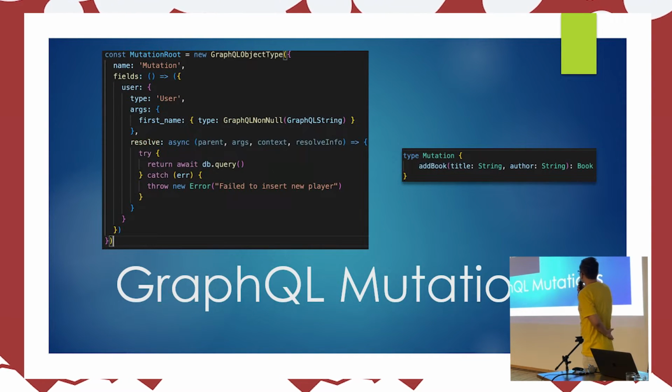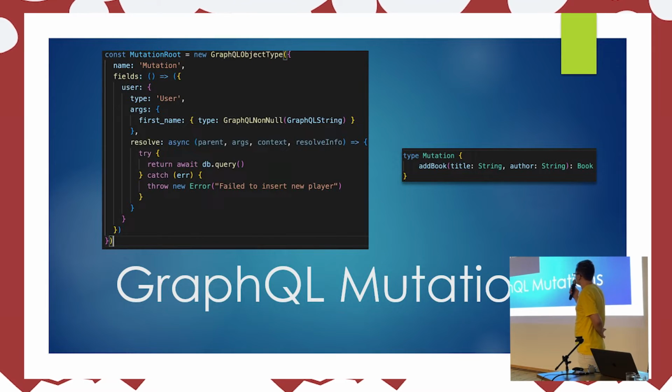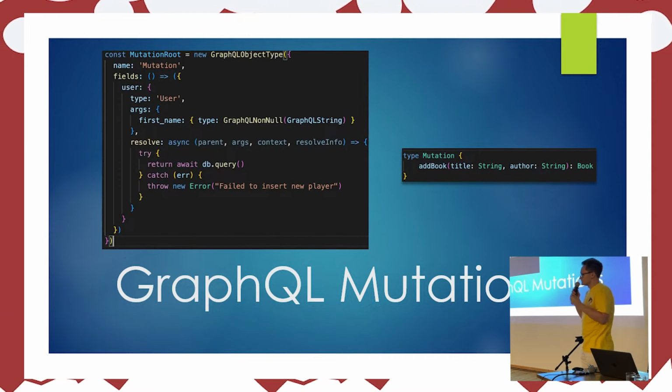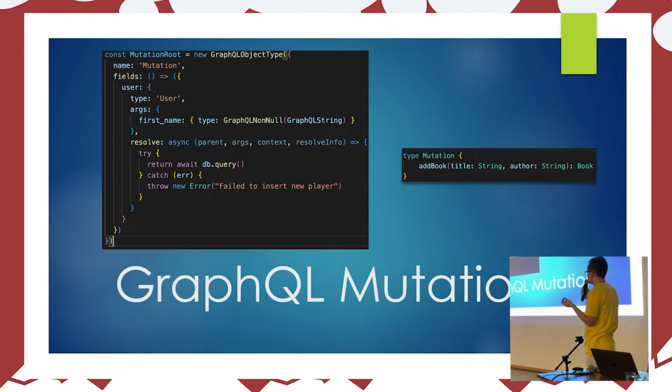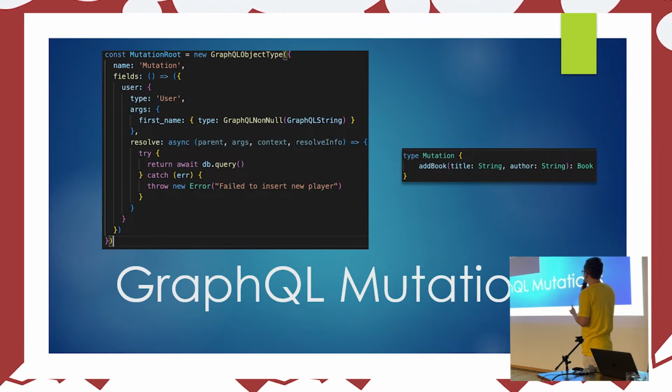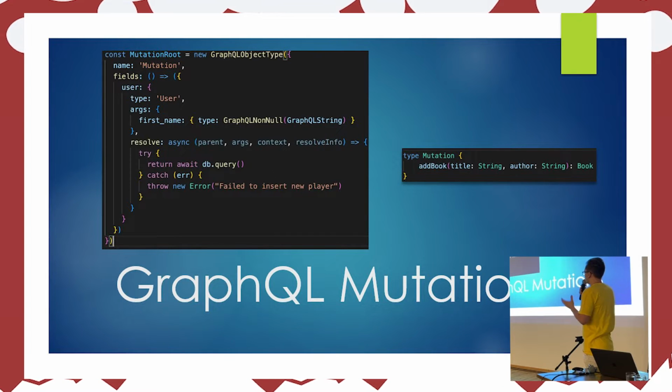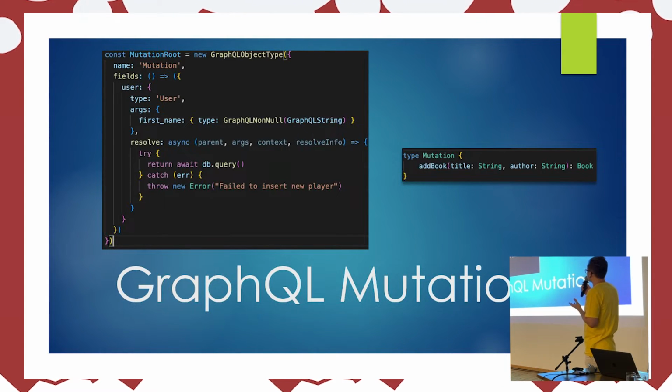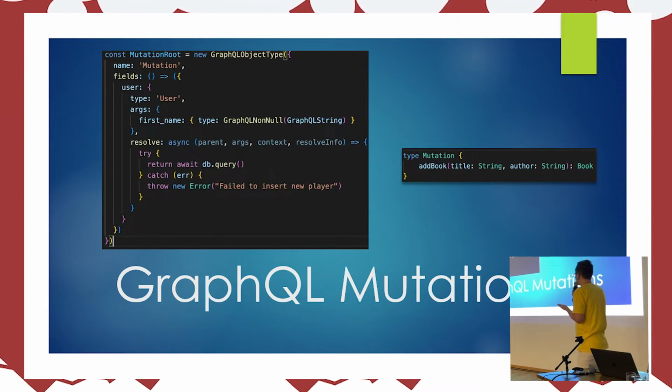And mutations. As I told before, mutations are create, update, delete operations. They are all named mutations in GraphQL. The point of them is to change your data inside your database.